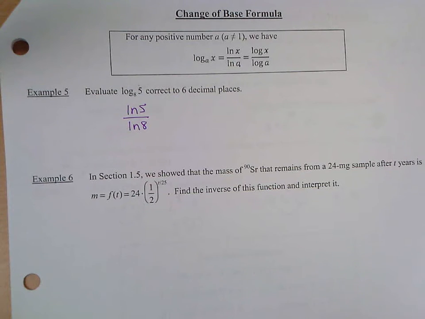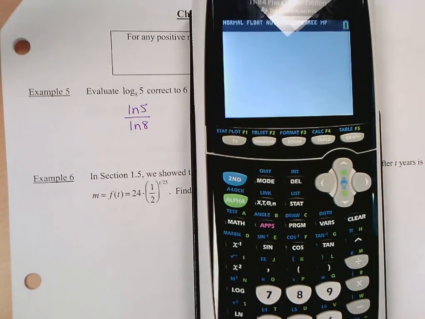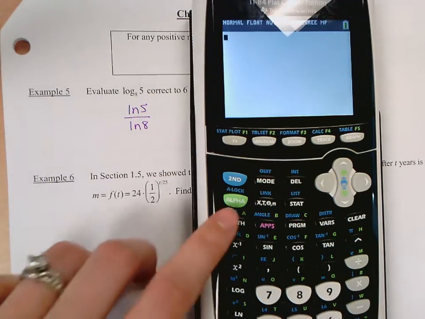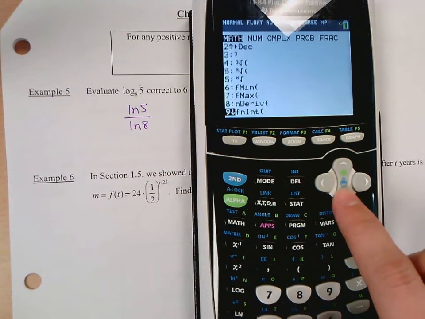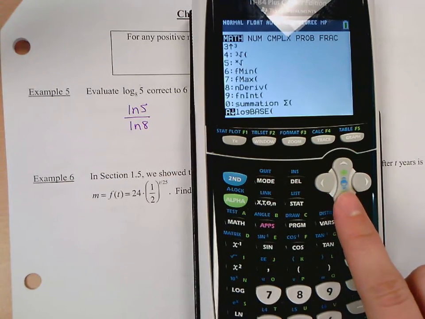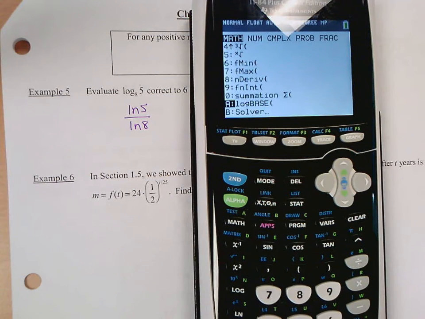And then I would type that in because my calculator would allow it. However, and you can check this on your calculators, especially if you have an 84, you are probably allowed to do this. I'm not sure about the 83s. Inspires probably can do it. I'm not as familiar with those. On the graphing calculator, I think I found this under the math key, and you go down to, it's A. So it says log base.